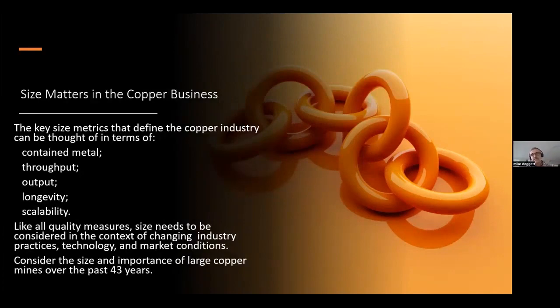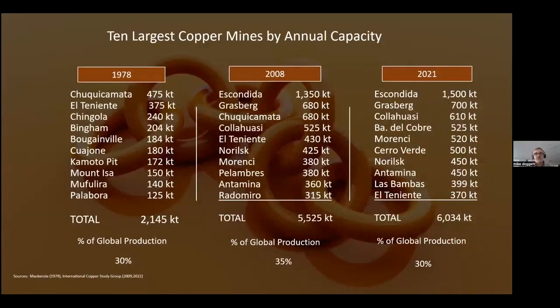So let's look at the importance of the big mines over time. If we go back to 1978, you'll see on the left-hand side of the slide the 10 largest copper mines by annual capacity that were producing copper in 1978, starting with Chuquicamata at 475,000 tons, El Teniente at 375,000 tons, and then all the other mines below 300,000 tons of copper, all the way down to the 10th largest mine, Palabora, at 125,000 tons.